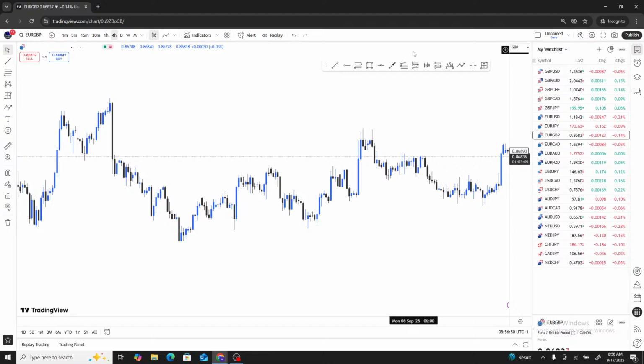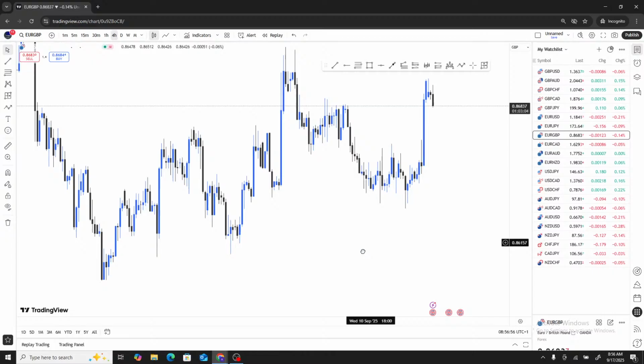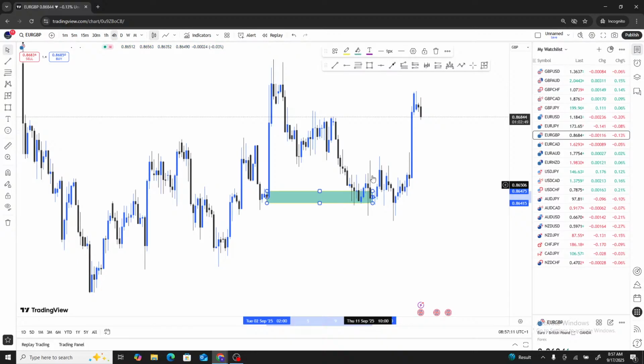Then look at this order block on H4, a very clean order block. Look at what happened. Immediately price tapped into the order block, it gave a reaction, a confirmation entry.